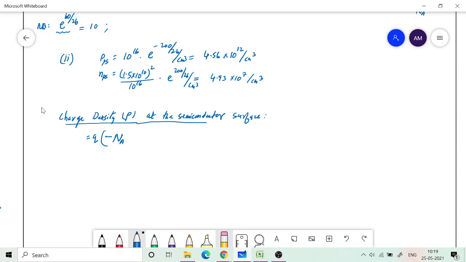Q is taken as positive here, so this is the magnitude. What else? We have the holes, PPS, which have positive charge, so we need to add PPS, then subtract the free electrons, NPS. This is all we need to find out.